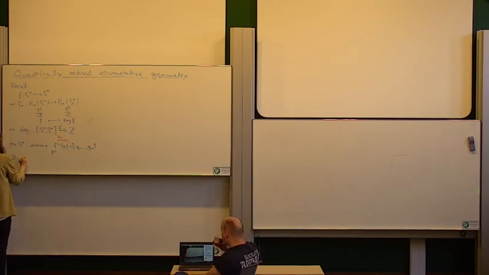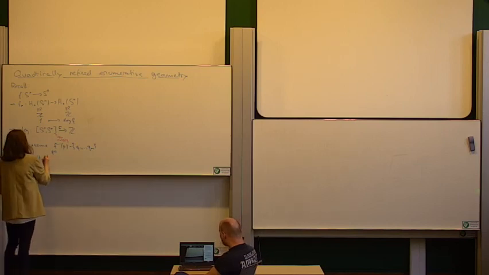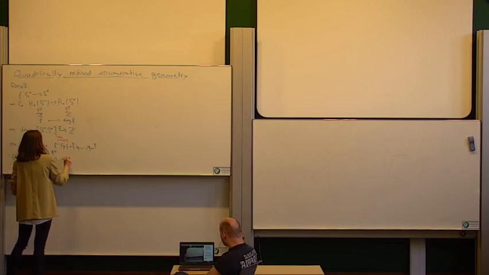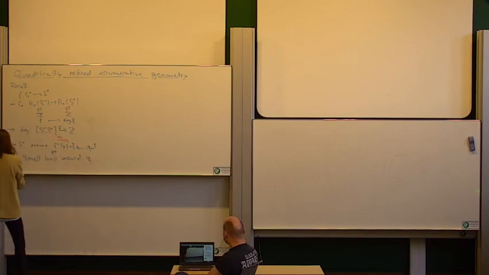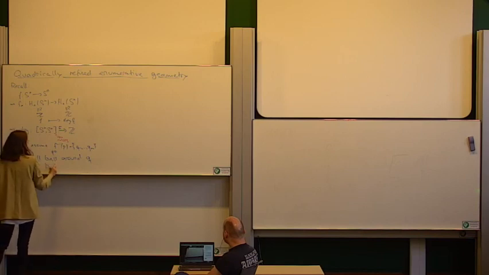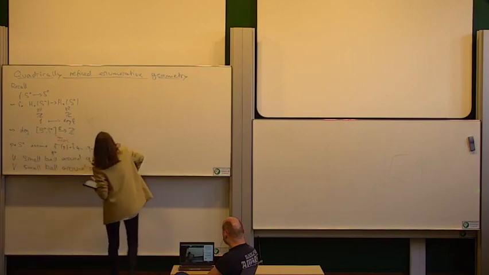Then I choose a small ball U around Q, and also a small ball, I call it V, around P.